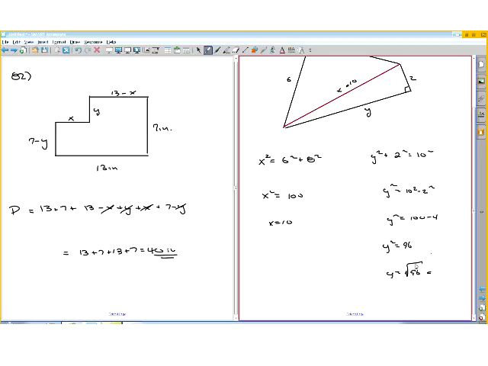Let's take 96 divided by 16, which is 6. The square root of 16 is 4, so you get 4 times the square root of 6.